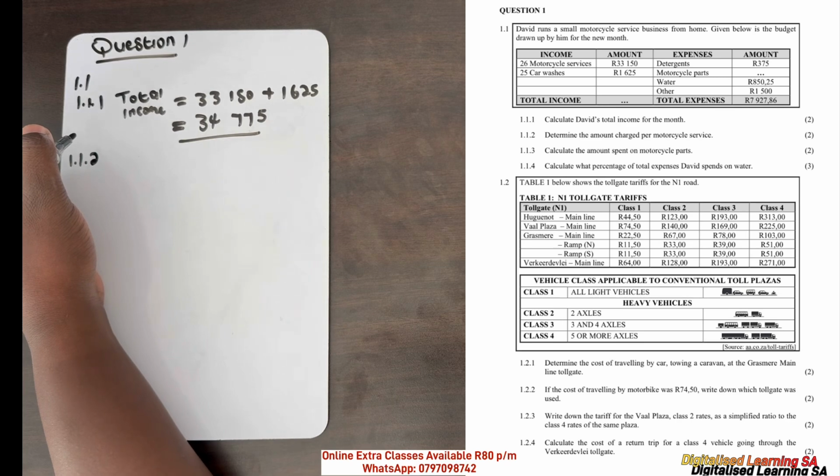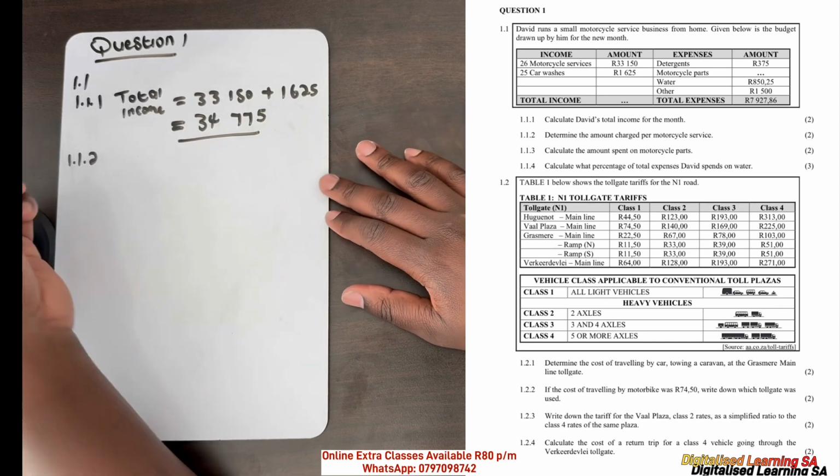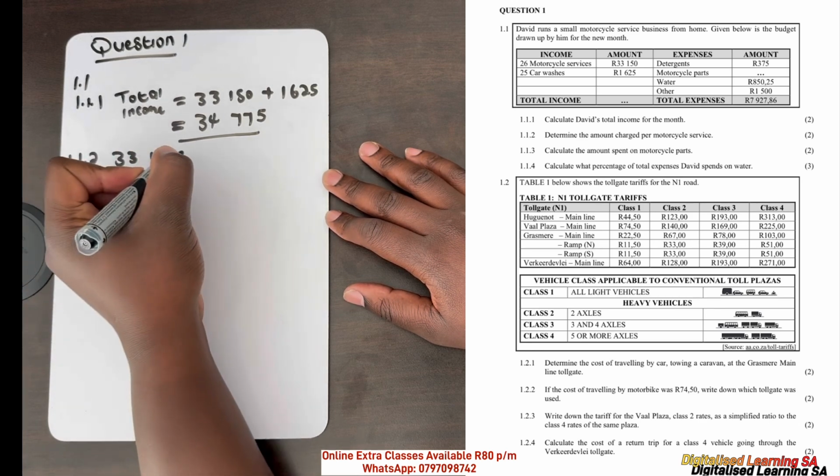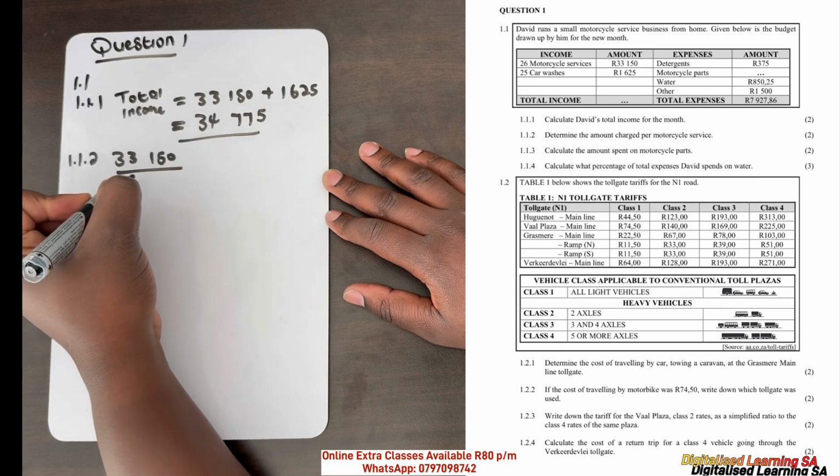Okay, so now let's move to question 1.1.2, which says determine the amount charged per motorcycle service. If we again look at the income column, we can see 26 motorcycle services, meaning he serviced 26 motorcycles, and the total amount was 33,150. To check how much one costs, we just need to say 33,150 divided by 26.